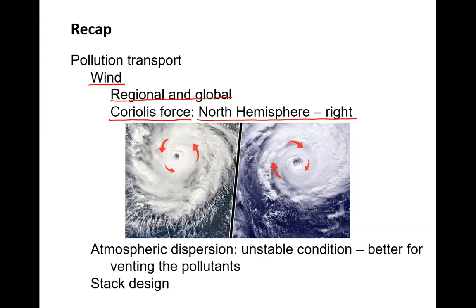So that's why if you see these two cyclones or hurricanes, you should be able to tell which hemisphere this is, right? So for example, for the picture on the left, we know that the hurricane is caused by a low pressure center, right? You have high pressure surrounding it. So theoretically, the wind is going to blow directly towards the center.